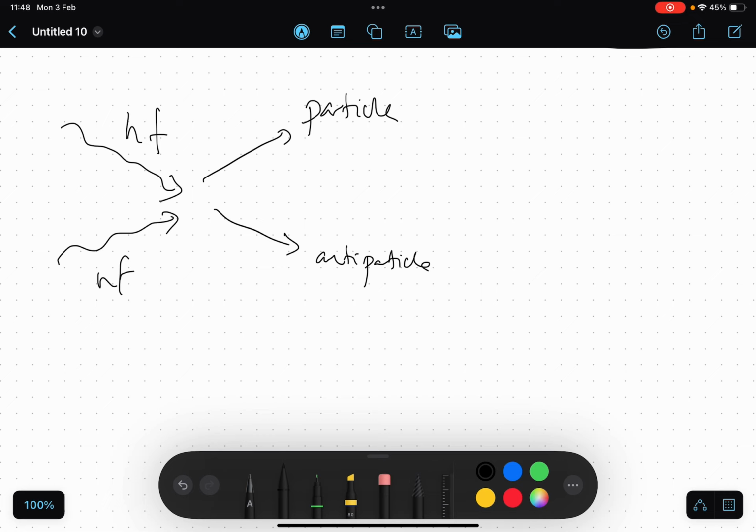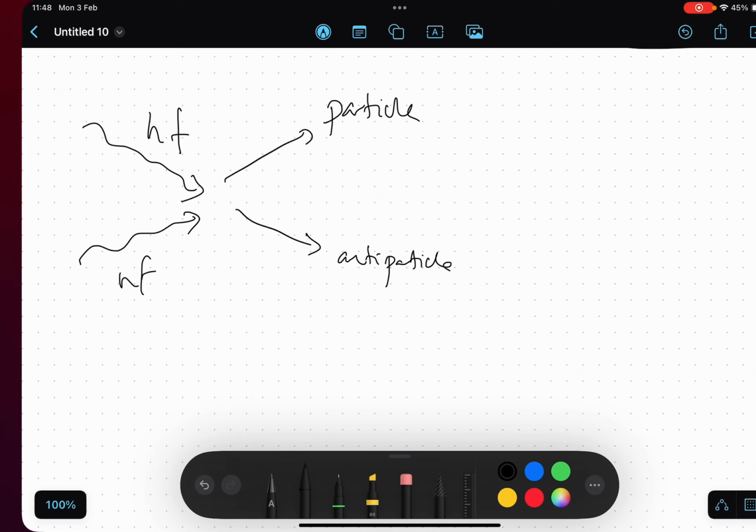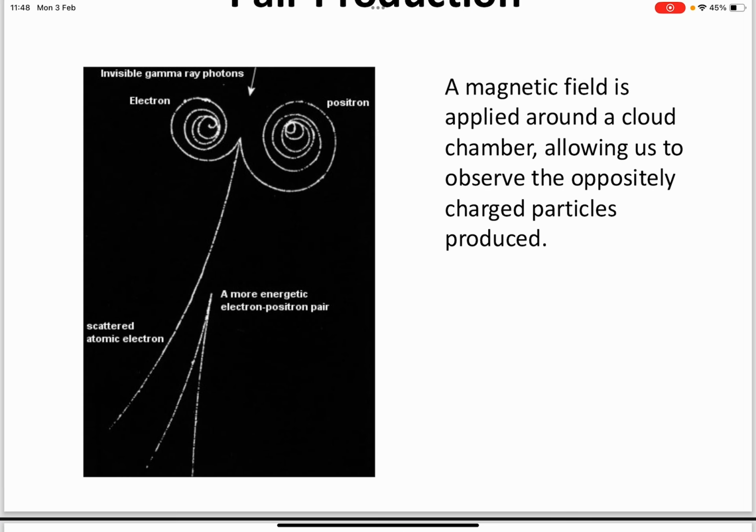Okay. Now, how do we know this is actually real and true? If we have a look at the diagram in front of you, that's what we call a cloud chamber. We're firing in from the top a gamma photon, and it's ionizing the gas within the cloud chamber and leaving an ionization trail, like a vapor trail in the same way that an aircraft leaves a vapor trail in the sky.